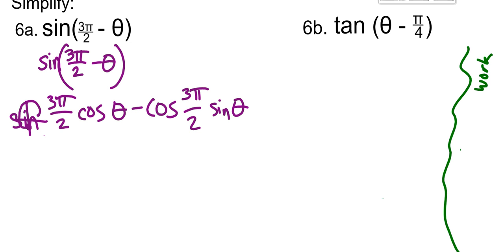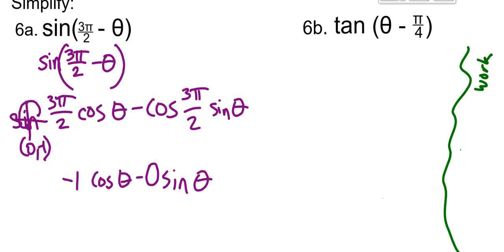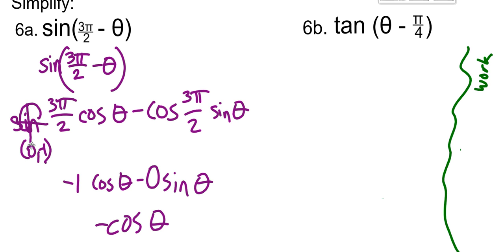So 3 pi over 2 is on the unit circle, it's that (0, negative 1). And so we're going to get the sine of 3 pi over 2, which is negative 1, times cosine theta, minus cosine 3 pi over 2, which is 0, times sine theta, and then that will be negative cosine theta.